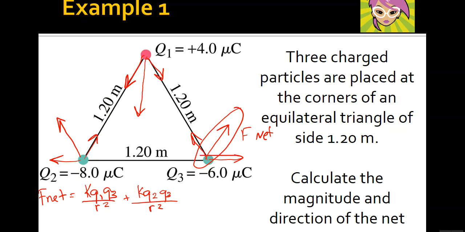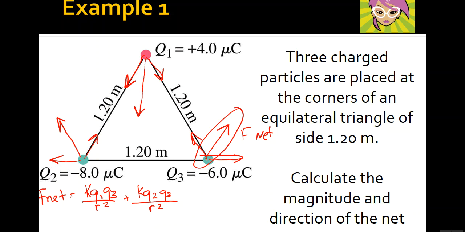So I have F between Q1 and Q3, so it's going to be k times 4.0 times 10 to the negative 6 coulombs times negative 6.0 times 10 to the negative 6 coulombs divided by 1.2 squared, multiplied by, I'm going to make a table, multiplied by cosine or sine of the angle.